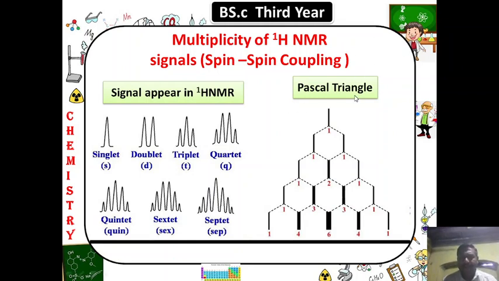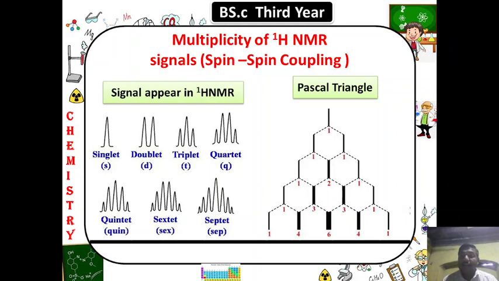This is a Pascal triangle. If there is one hydrogen, the peak is a singlet, and only one peak is there.